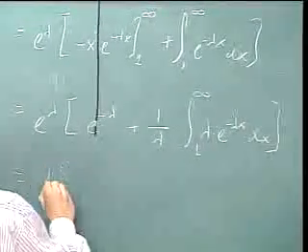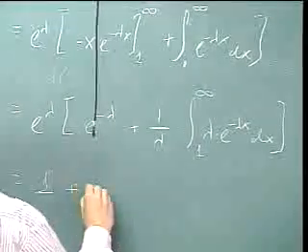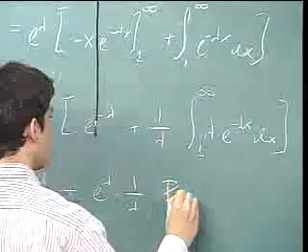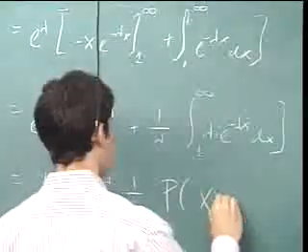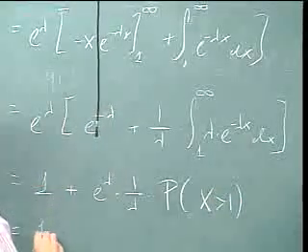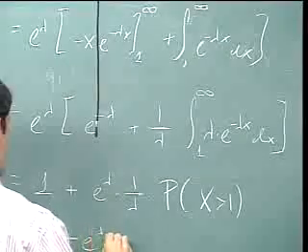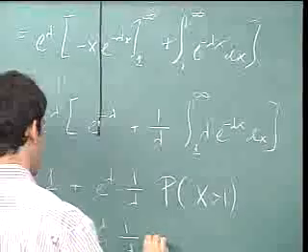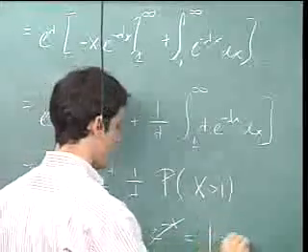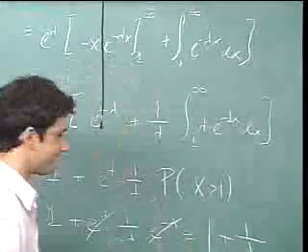So this, of course, becomes 1 plus e to the lambda times 1 over lambda times the probability that x is greater than 1, where x is exponential. So it's 1 plus e to the lambda times 1 over lambda times e to the minus lambda, which is how we get 1 over 1 plus lambda.